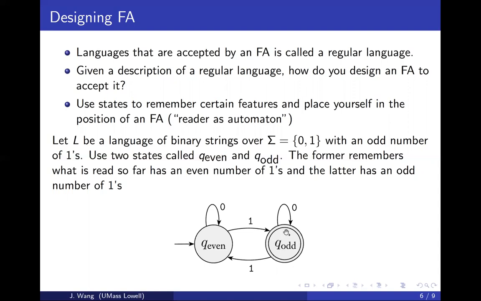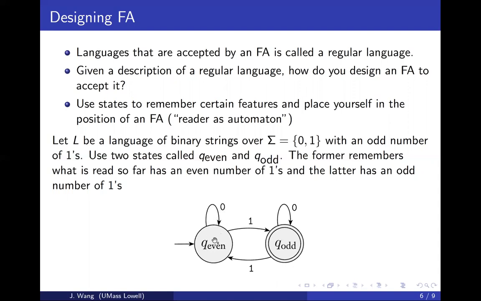Obviously, this is what we want, so this is your final state. It is your accept state. So if you read zero, the number of ones still remains the same, so it's still even.